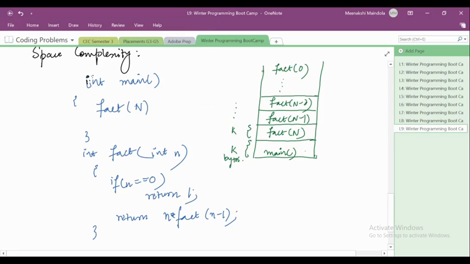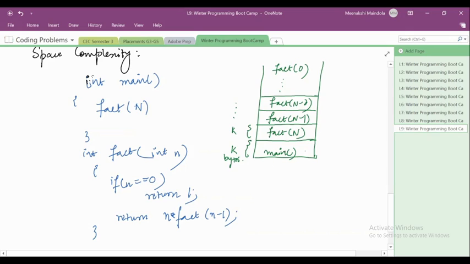So as soon as you return 1, this fact of 0 and its space on the stack is going to be removed. Then as soon as it returns to the previous function that has called it, that is going to get removed from the stack. But initially it is going to take up certain bytes on the stack.